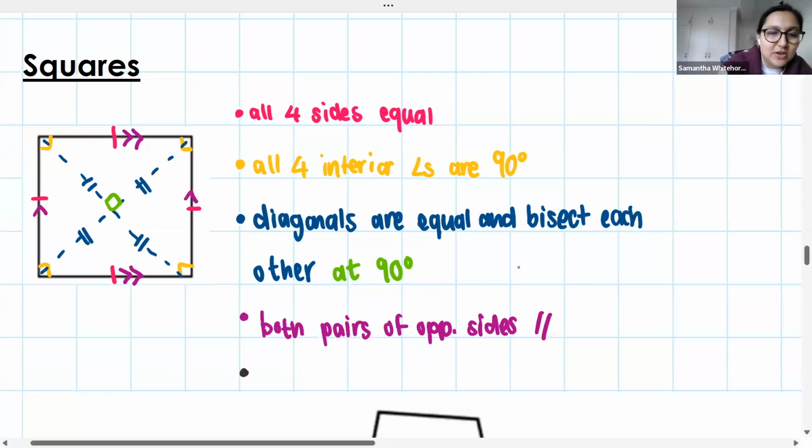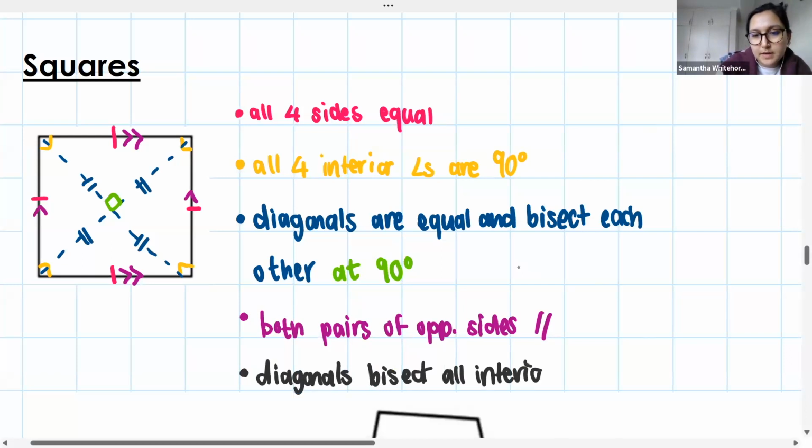Nice. Okay, so the last one that we have here is the fact that our diagonals bisect all interior angles.